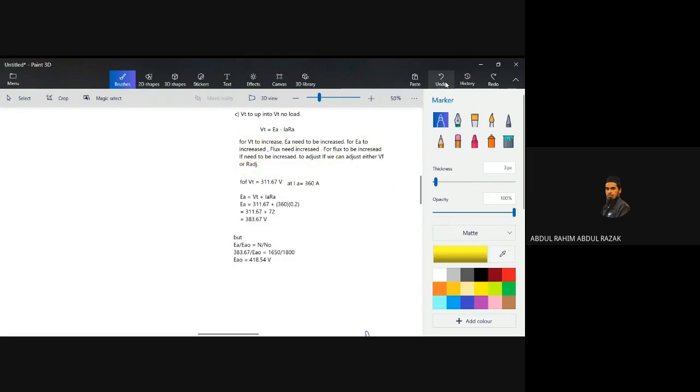So what's the next step? Please use the graph. And now we have to reverse the process, which is, from this graph, with your EA naught, you try to see how much your required IA actually is.